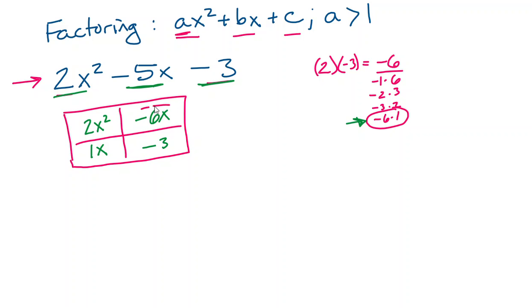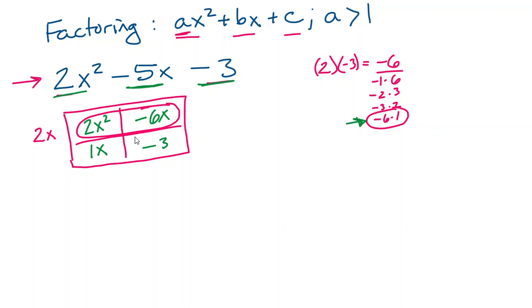So the first row, between 2x squared and negative 6x, what's the common factor there? Well, 2 and 2, there's a 2 in each, and then they both have an x, so 2x. So 2x times x is 2x squared, and 2x times negative 3 is negative 6x.